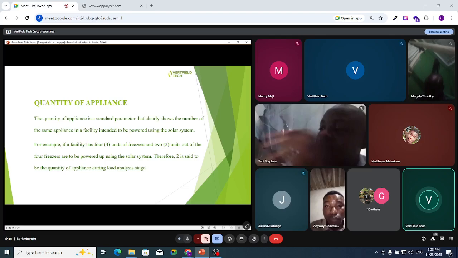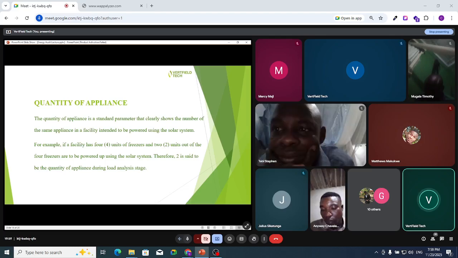Let's take for instance, Mr. Steven lives in a 4-bedroom apartment and he has 4 TVs, a TV in each of those rooms. So in your table of load analysis, the quantity of appliance for TV is going to be 4.